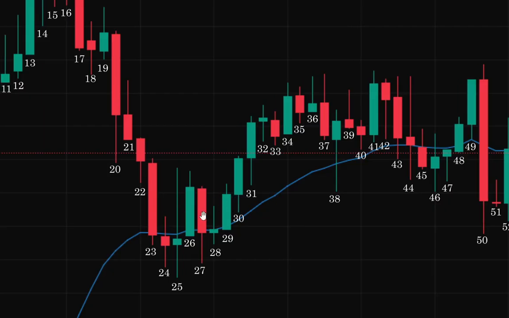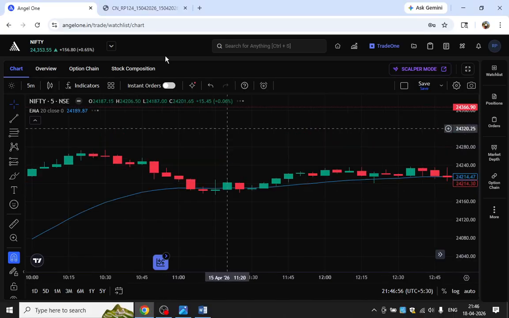The reason for taking this trade is that the call I had sold was not moving as fast as the CE was rising. This was the reason I took this trade of selling PE.